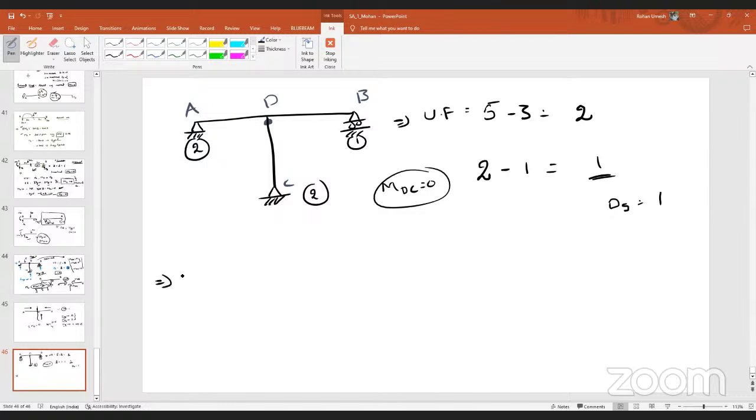As of now, I think we have covered the very basics. So let me tell you one more thing also. Now, let me come to the frames.